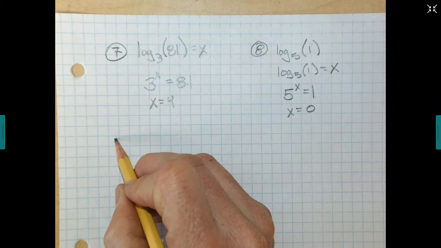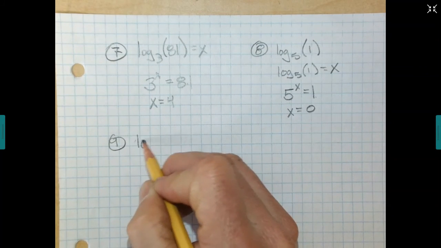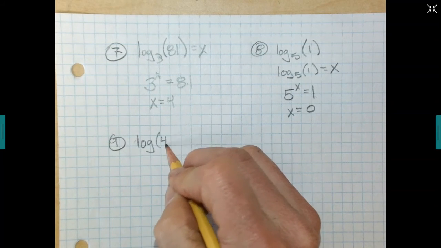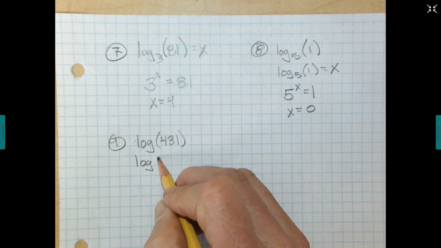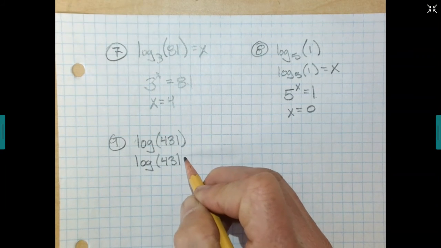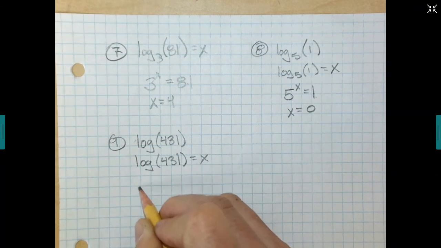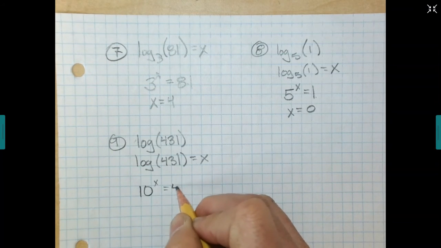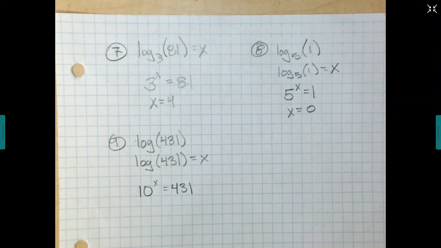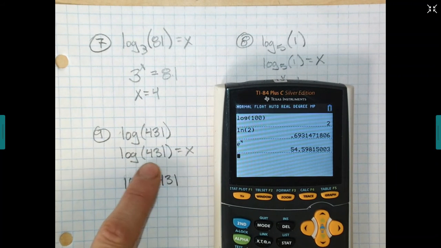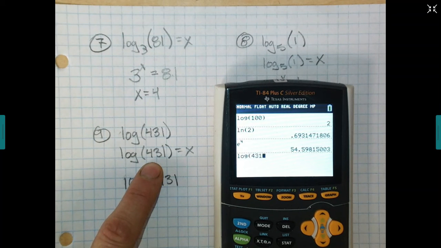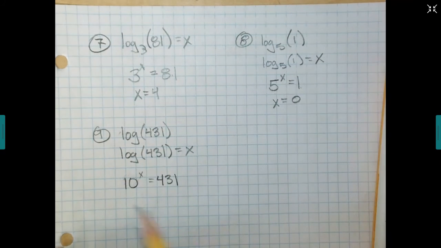All right, last example, log of 431. This would be a log of base 10, right? Equals x. So my base is 10, and we get 431. The easiest way, actually, I'm just going to plug in log 431, and I get 2.63.